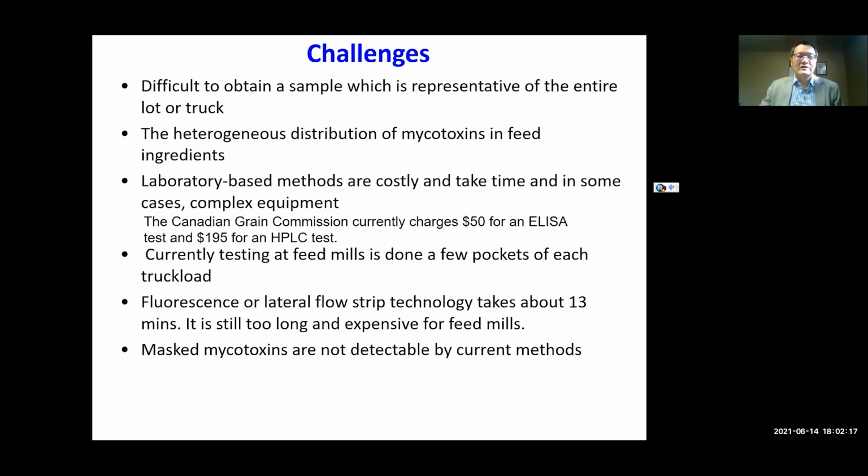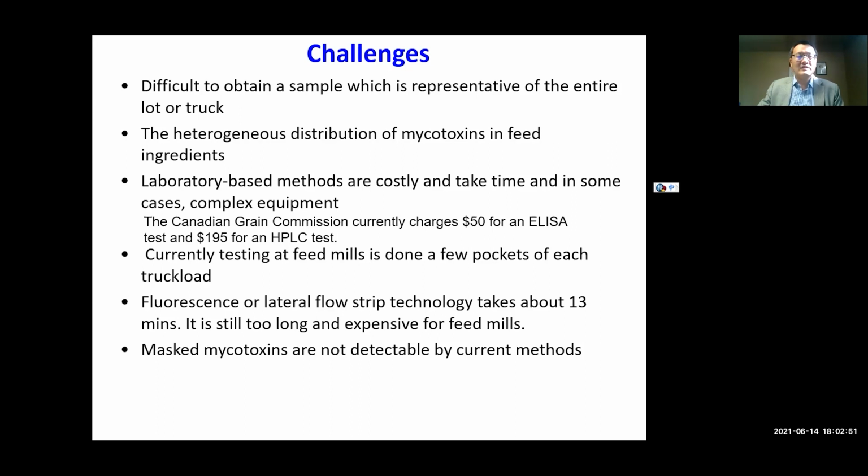Okay, so there are also some challenges associated with mycotoxin detection. First of all, it's very difficult to obtain a sample which is representative of the entire lot. And the second reason, the heterogeneous distribution of mycotoxin in feed ingredients. It's not equally distributed in feed ingredients, okay? And also laboratory-based methods are costly and time consuming, and in some cases, complex equipment is needed, right?